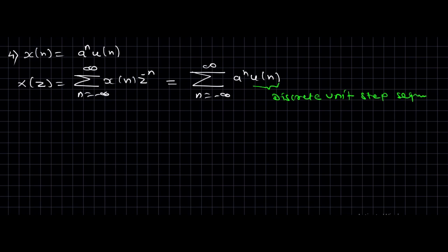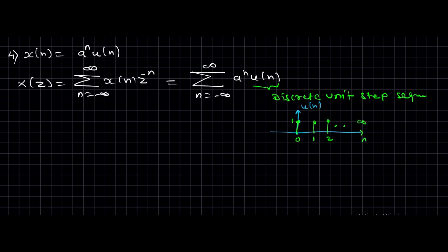What is the index for this unit step sequence? We can show this unit step sequence as 0, 1, 1, 2 and so on, up to infinity.